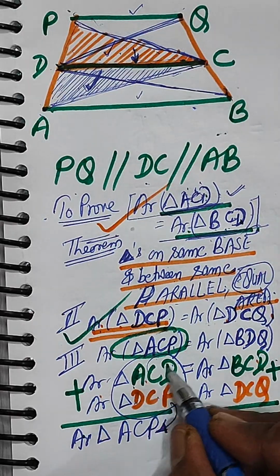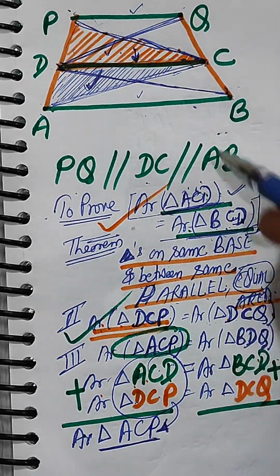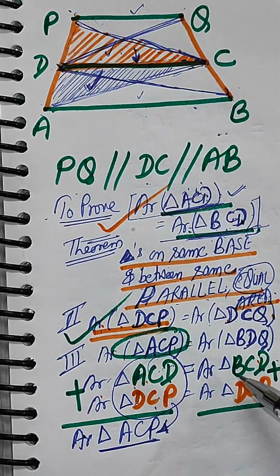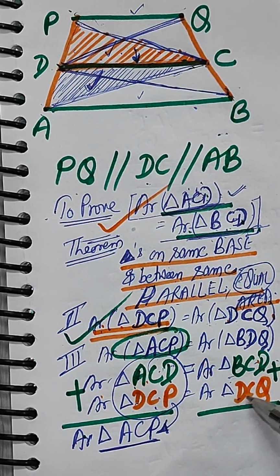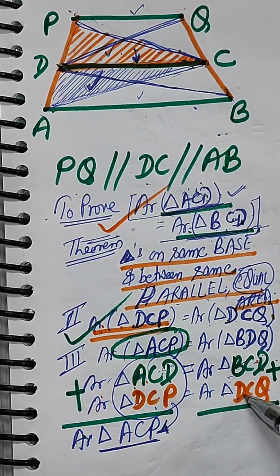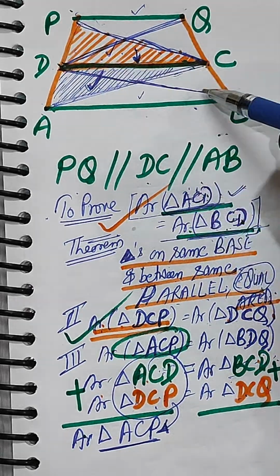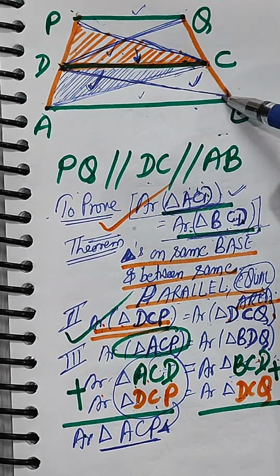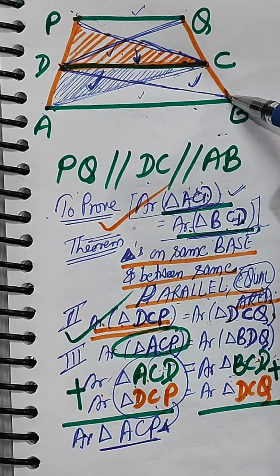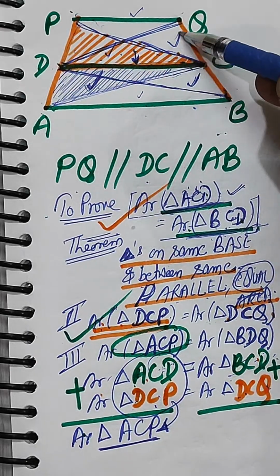Okay. So in this way, my dear friends, we can see triangle ACP, which is on the LHS, will be equal to the RHS, that is BCD and DCQ, which are already proved as equal, the green and orange. So what is BCD and DCQ? BCD is this triangle, right? And DCQ is this triangle, right?